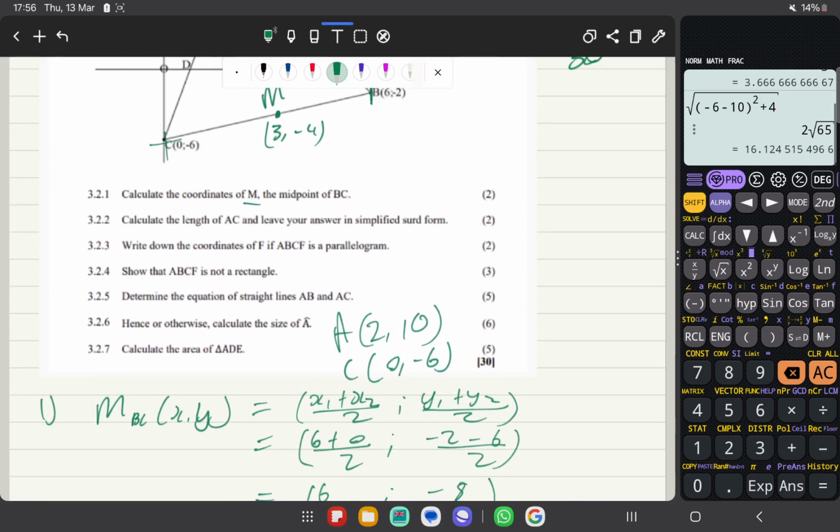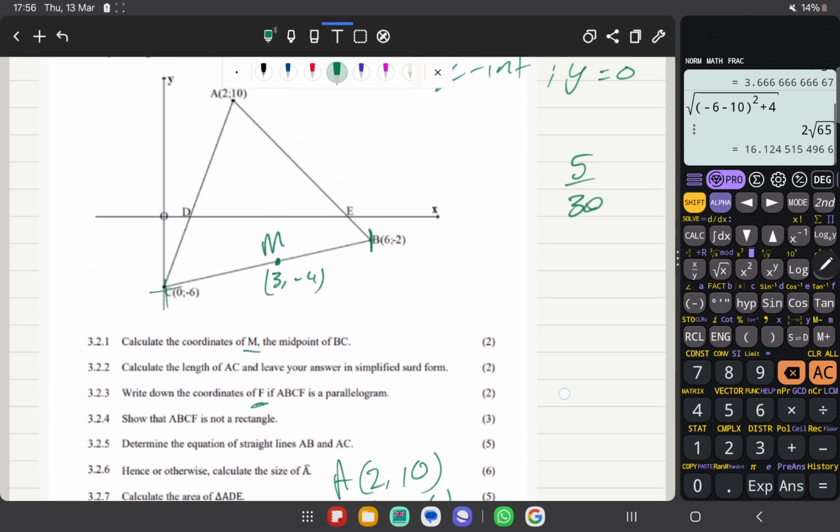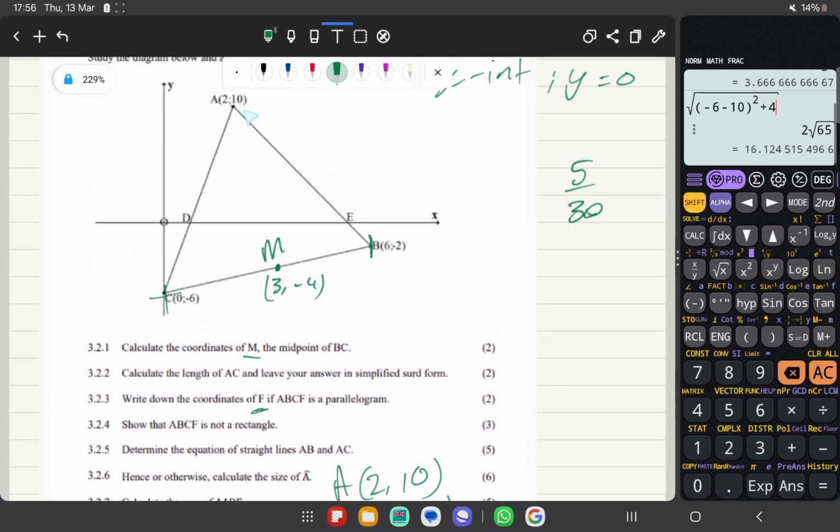Number 3. Write down the coordinates of F. If A is here, where is B? A, B, C. Maybe I'll put F somewhere here.